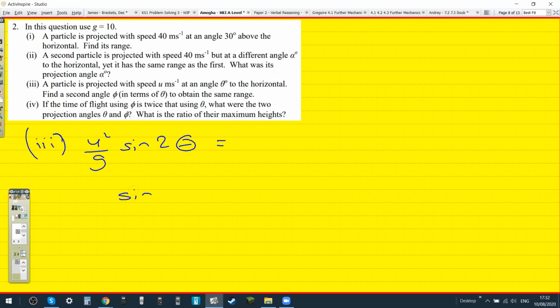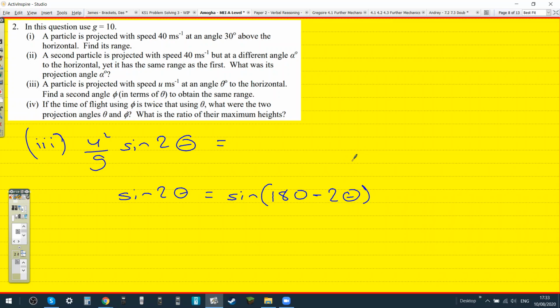So would it be sine 2 theta is equal to sine 180 minus 2 theta? Yeah, sorry, it should be 2 theta. And then you just divide them by 2 afterwards. So isn't that the second angle in terms of theta already? Or would you have to simplify it more?